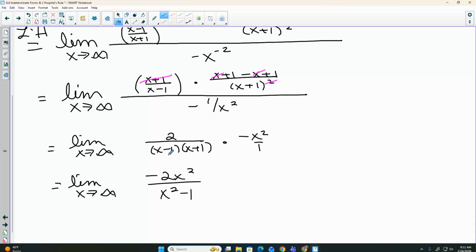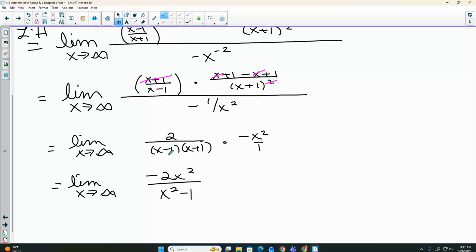So we could do L'Hopital's rule again, or we could use the tricks that we've already been using. These were like the ones we were finding horizontal asymptotes of. What trick did I tell you guys you could do when we did our horizontal asymptotes?